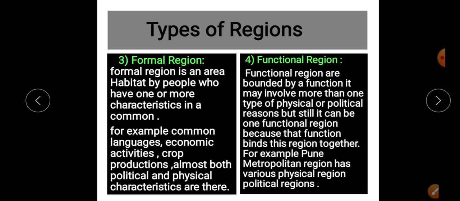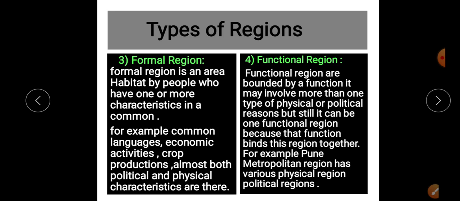Sometimes a number of functional regions can develop within a single formal region. Almost in any metropolitan city or city region, we can observe several functions. The functions related with education, industry, business, banking, communication, transportation. These several functions are developed within any city and metropolitan city region.